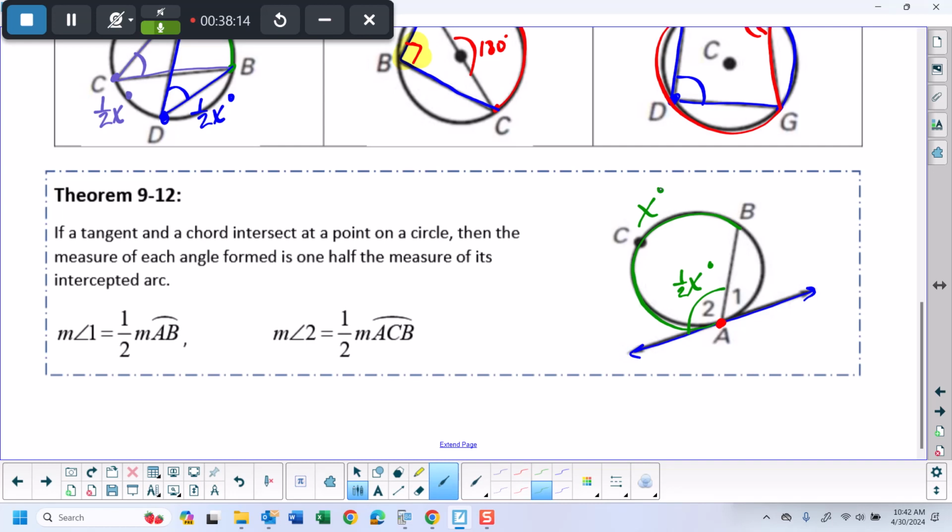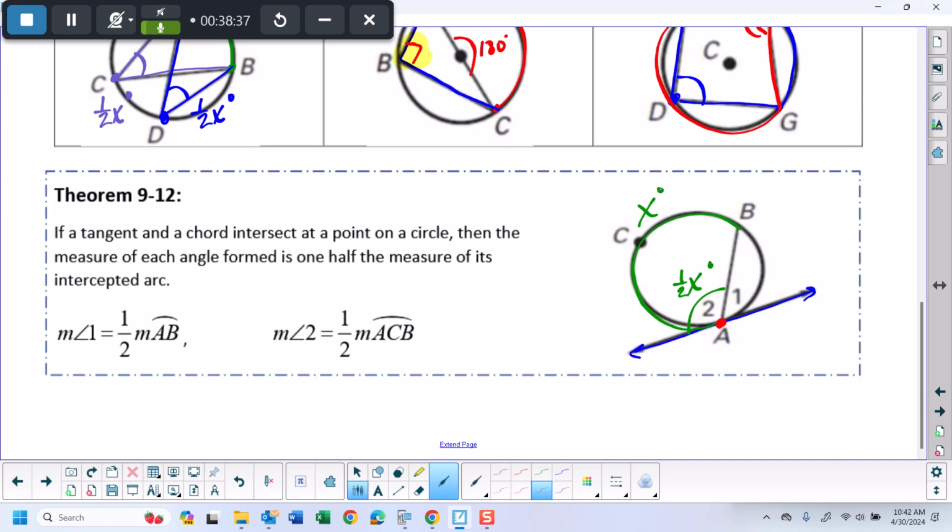And to me that makes sense, because if I picture that intercepted arc becoming wider and wider and wider, to the point where it's tangent, my inscribed angle becomes wider, wider, wider.